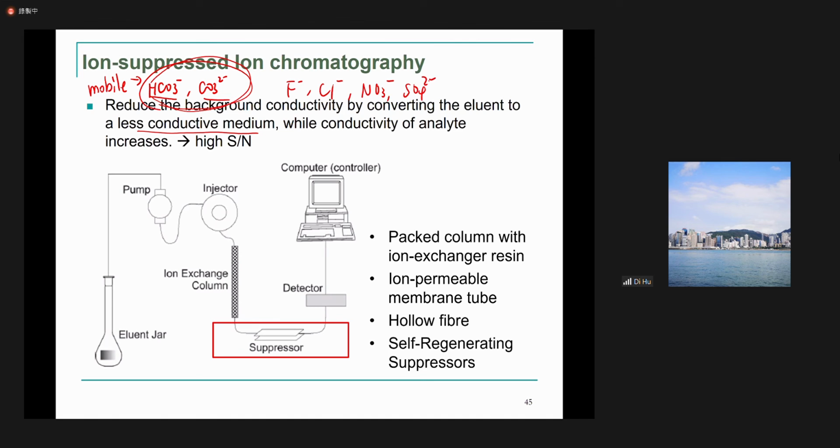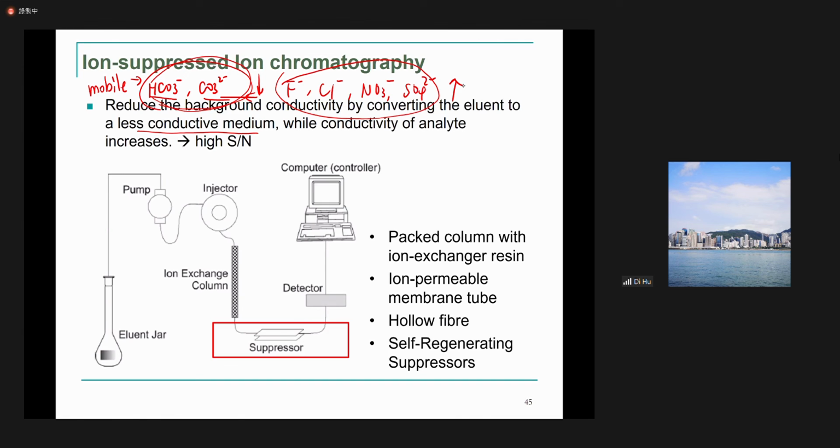Okay, how about that? You want to decrease the signal of your mobile phase, and you want to increase the signal of your analyte. So how can we do that?